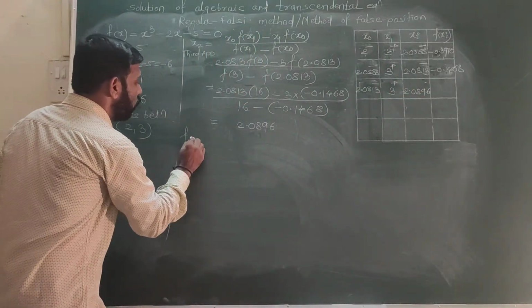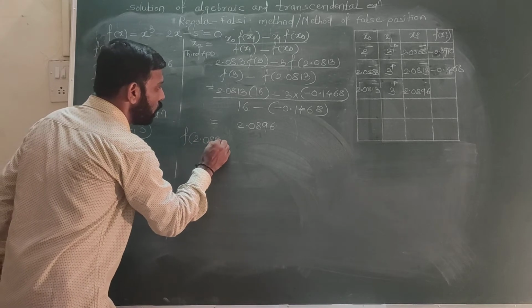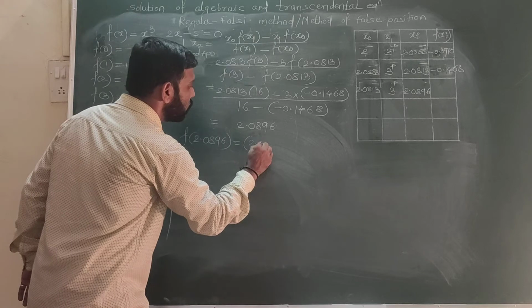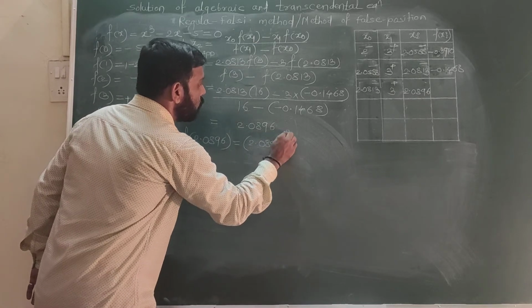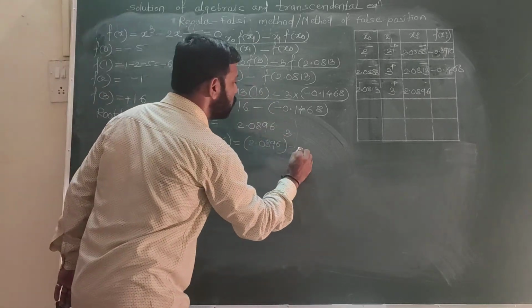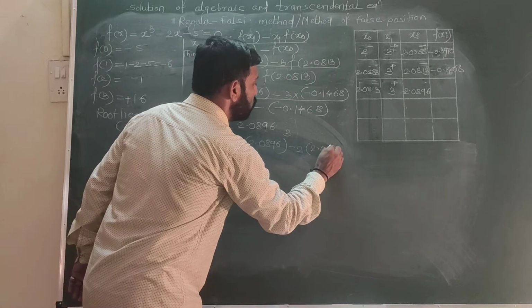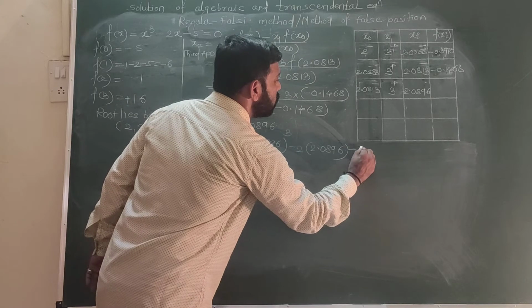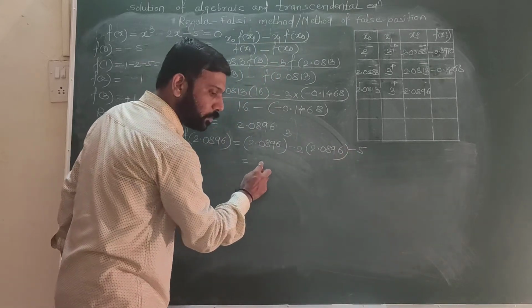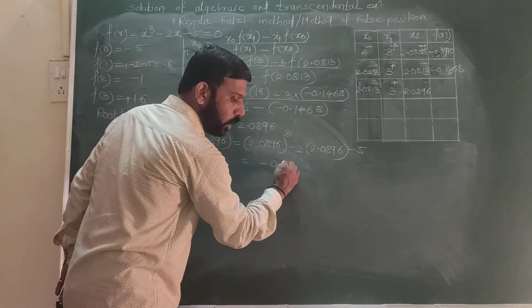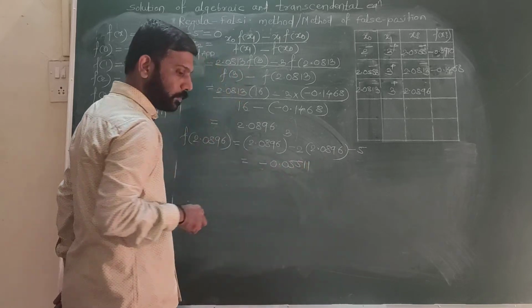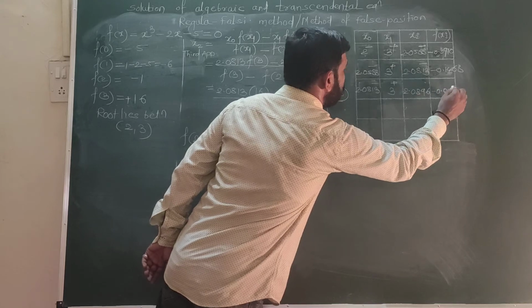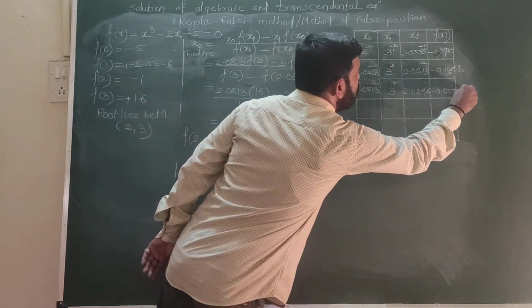So f of 2.0896: now I will write down the calculation part, x cubed minus 2x minus 5, and the output is minus 0.055511.